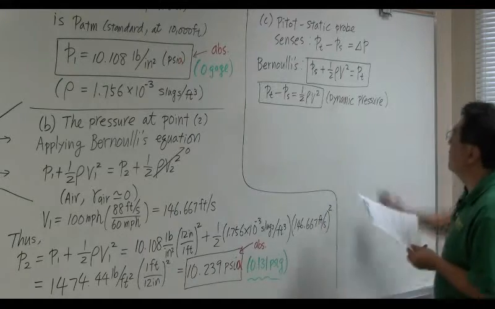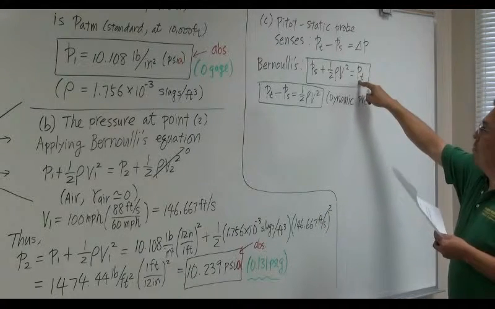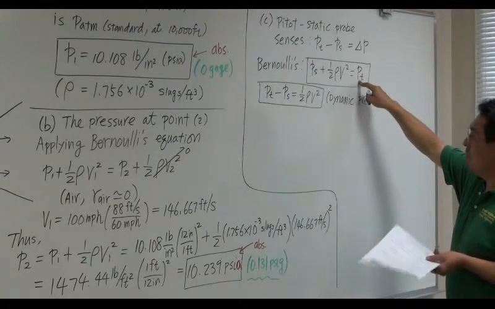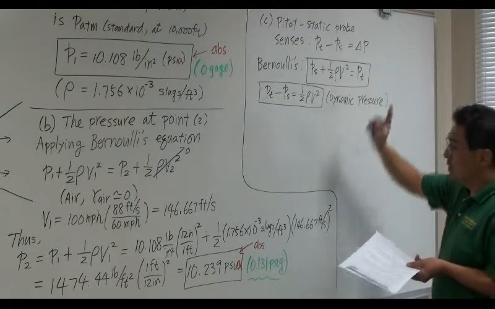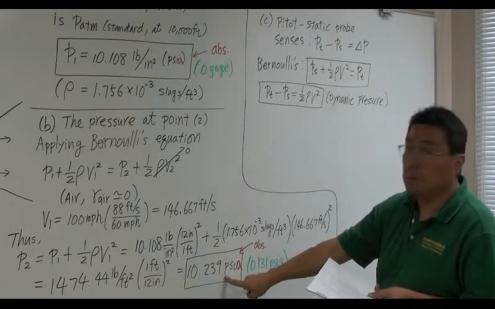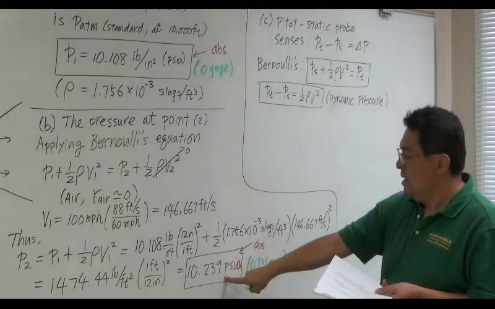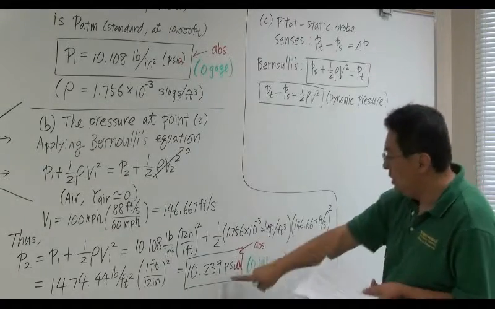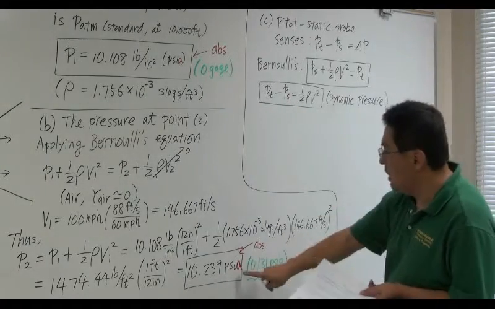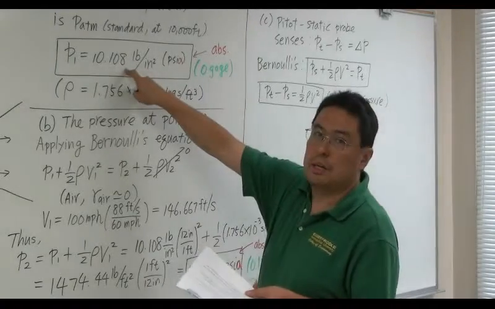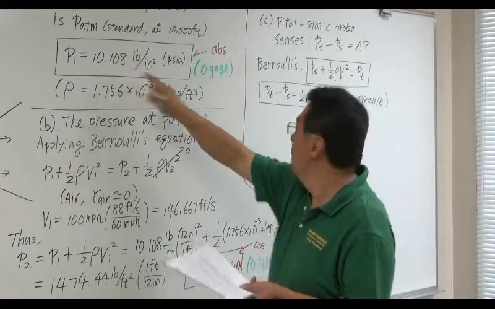Another thing is, this total pressure is the pressure at the stagnation point, which is this value. This is the total pressure, Pt, subtracted by static pressure, which is this.